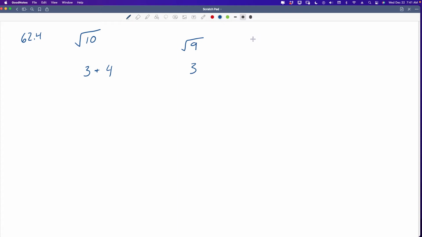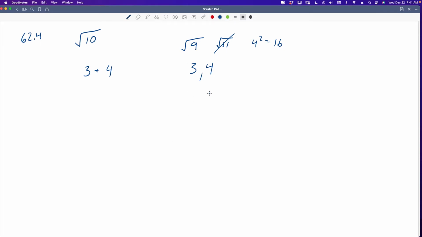We can't do the square root of 11. It's not an even number. All right, so it's not that one. It's not that consecutive integer. So what about the square root of 16? That's the next integer. So square root of 16 is going to be 4. So it has to be 10 is between 9 and 16. So it has to be between 3 and 4. Right? That's how you would do that.